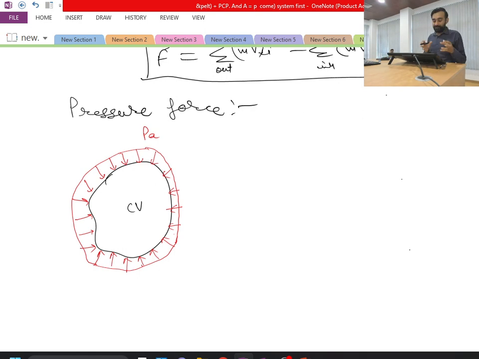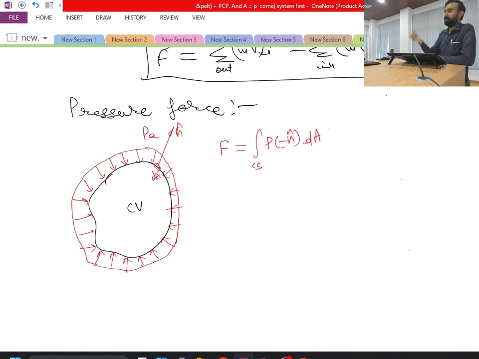If I have to find the amount of force acting on this, it will be equal to the integral over the control surface of pressure times, so pressure is acting in the inward direction, and over any elemental area dA the outward normal vector will be something like this. So minus, because pressure and n cap are in opposite directions, I will write minus n cap times dA.